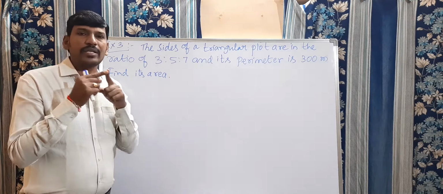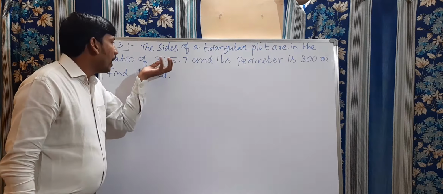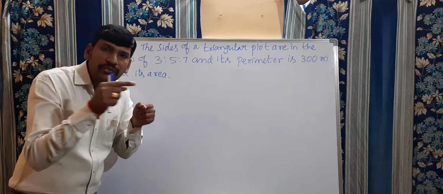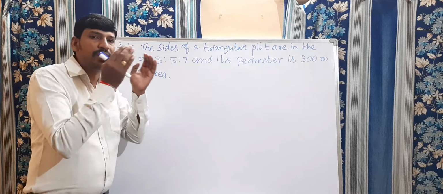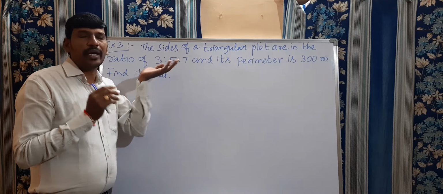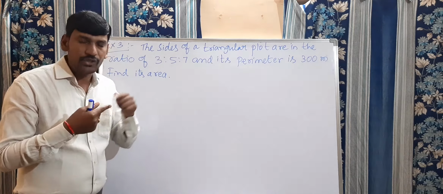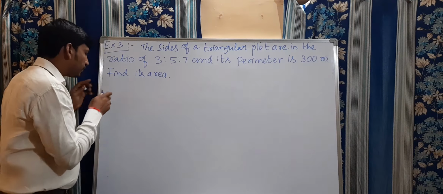Okay, already last year we discussed ratio and proportion. Clear? In 7th also we discussed that. Here they gave the ratio of the sides. Okay, we need to find each and every side. So now to remove this ratio, you can take one variable as x, and multiply it with each and every value.